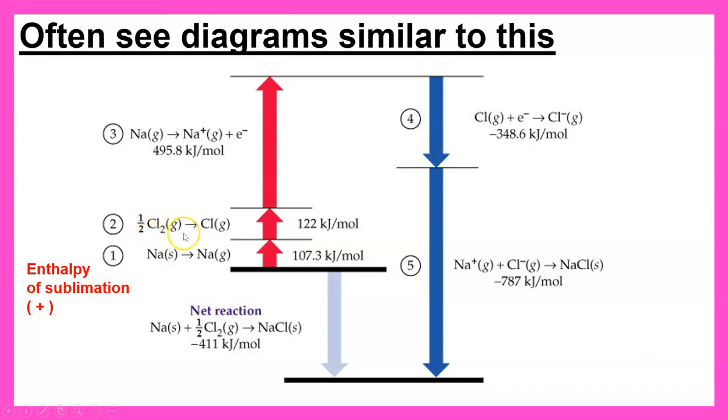Now here, we're trying to break a bond. Well, that's that bond dissociation energy. It takes some energy. Here, I'm trying to ionize my sodium into a cation. I'm taking away an electron. That's going to be ionization energy. Over here, step 4, I'm trying to turn this into an anion.